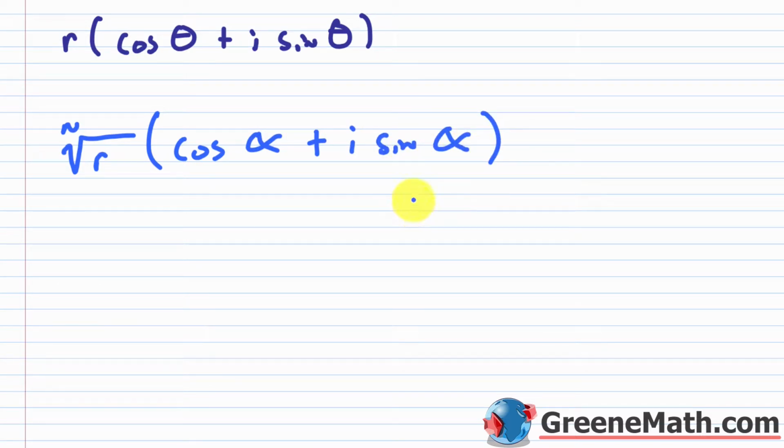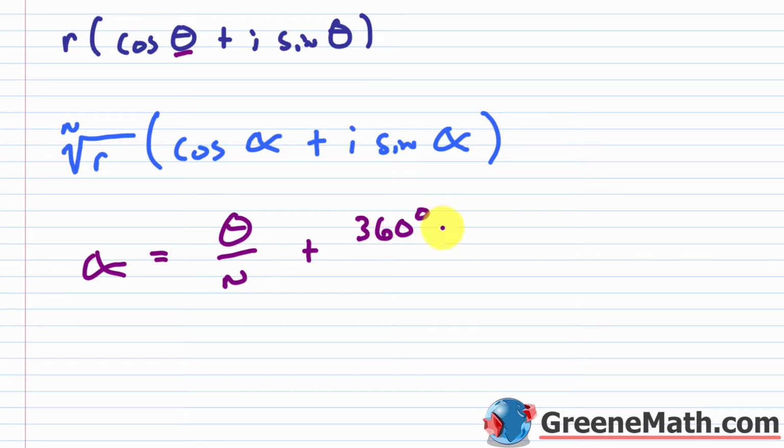And basically, what alpha is going to be, I'll do degrees first and then I'll do radians. So alpha is going to be theta, so this guy right here, divided by your n. So you saw earlier, what we had was 45 degrees divided by 3, which gave us 15 degrees, okay? Then plus, you're going to do 360 degrees times k, where k is just some integer, and I'll talk more about that in a second, divided by n.